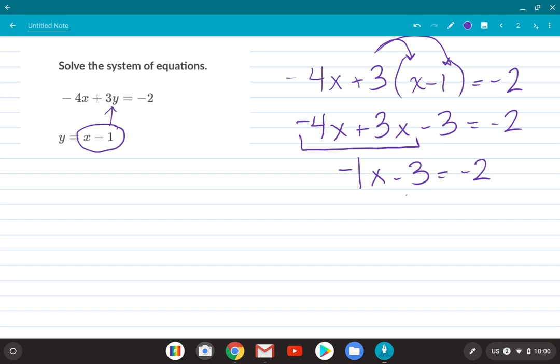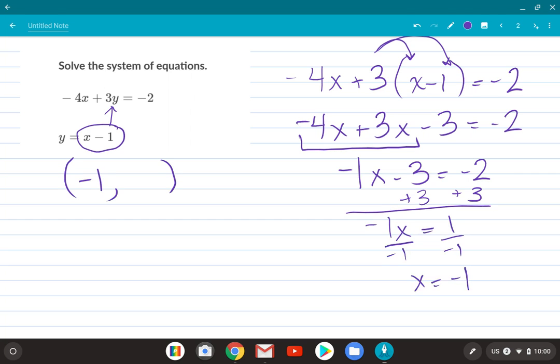Now we're down to a two-step. Add 3. Negative 1x equals 1. Divide by negative 1. So we get negative 1, and then we're going to get the other one.